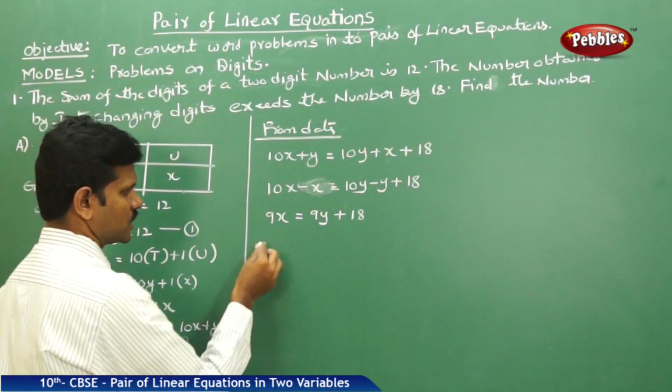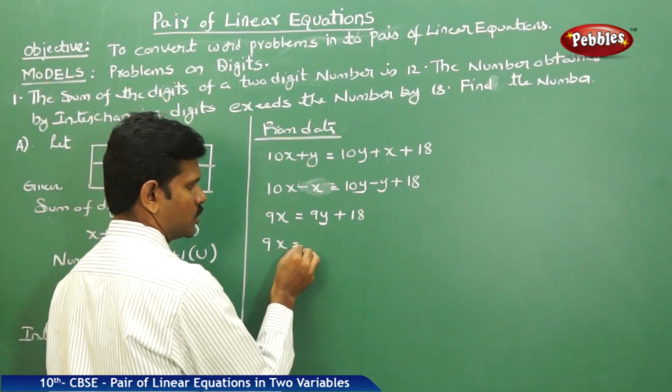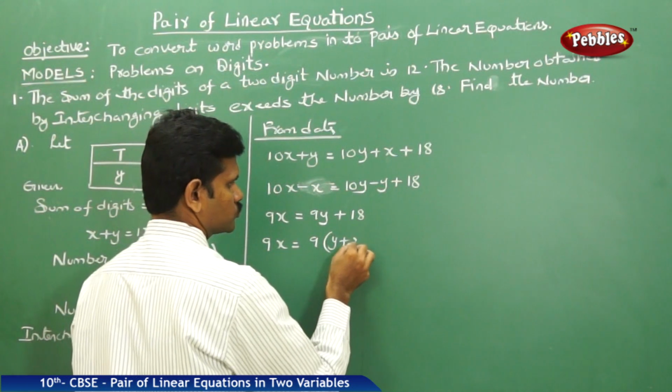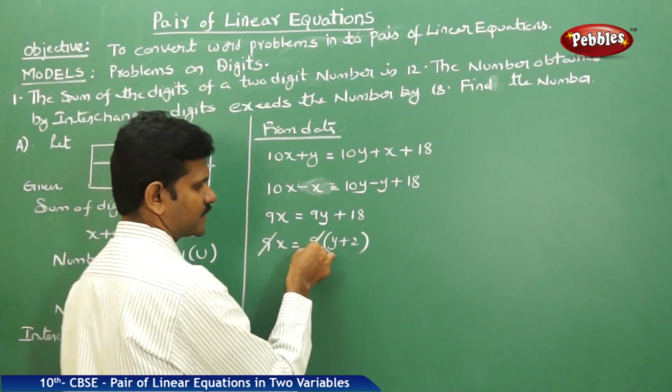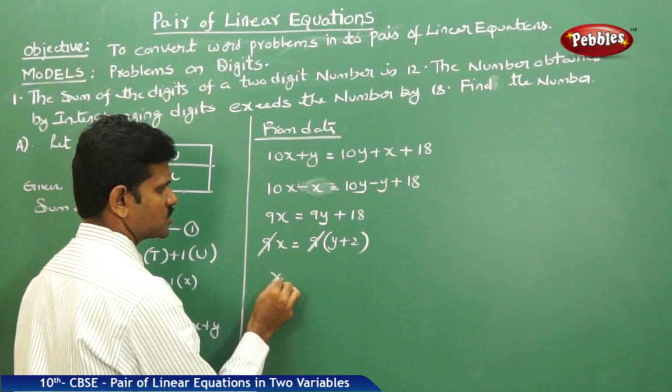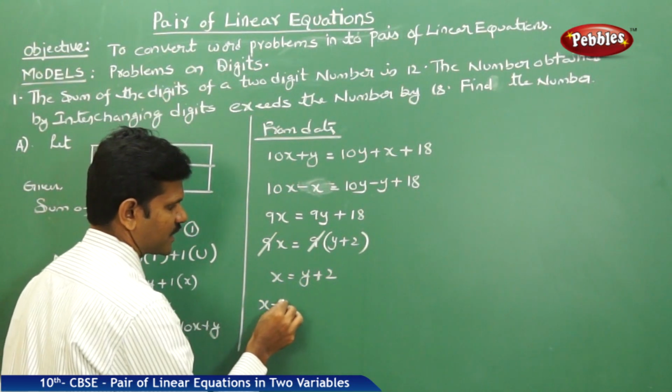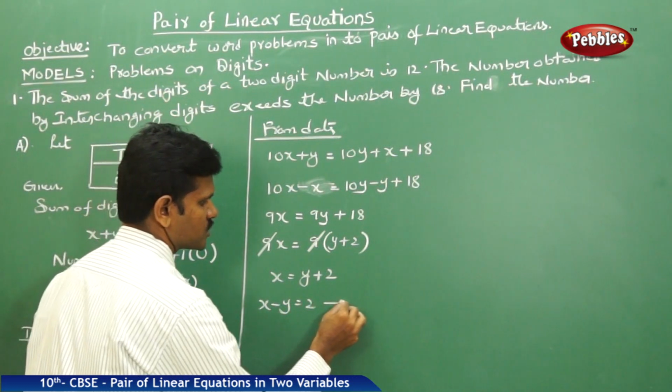Now take 9 common from both: 9x is equal to 9 times y plus 2. 9 gets cancelled, so x is equal to y plus 2, which can be written as x minus y is equal to 2. This is equation 2.